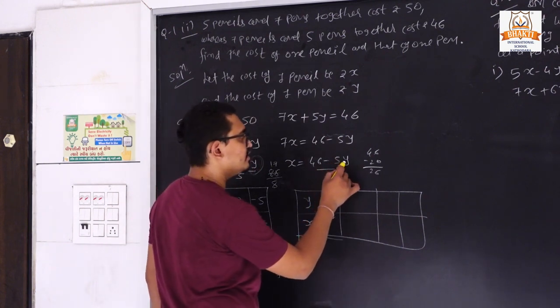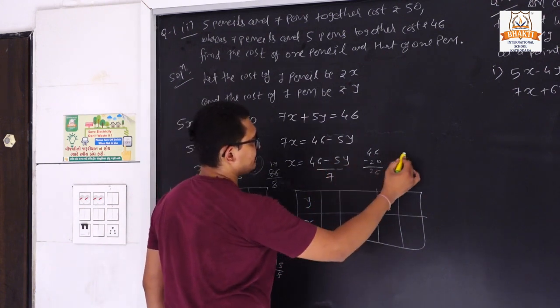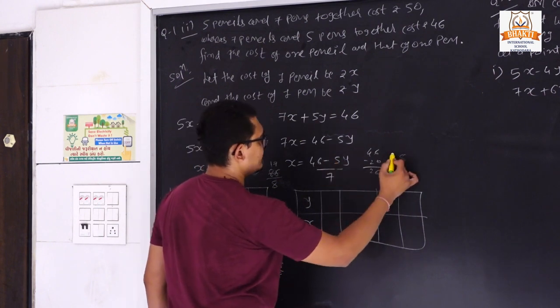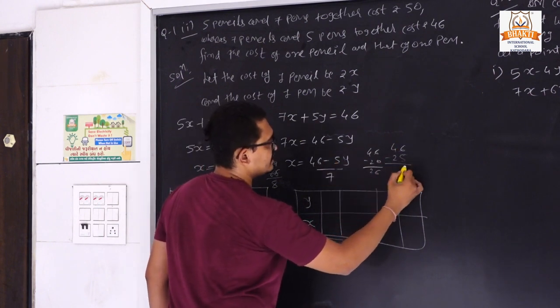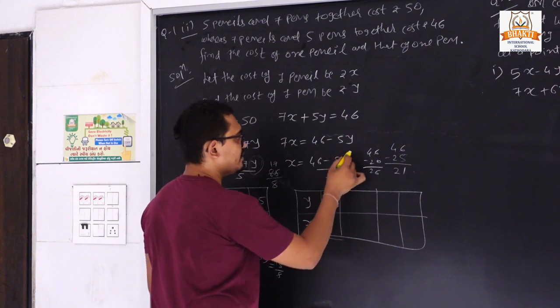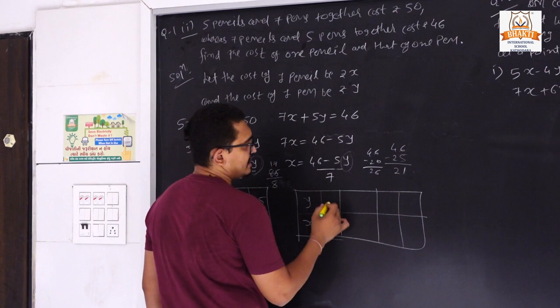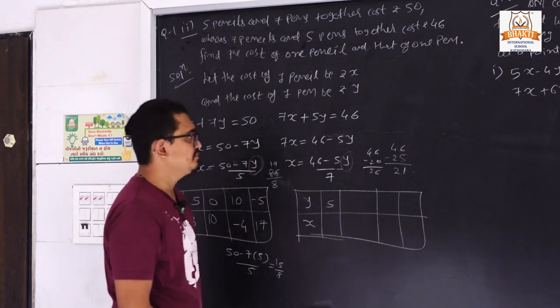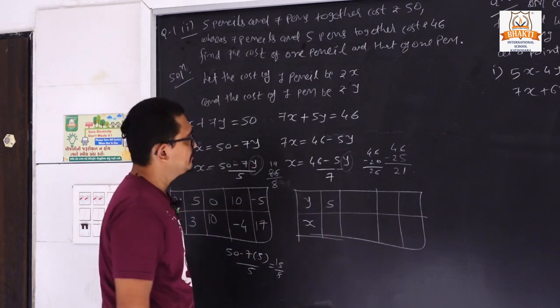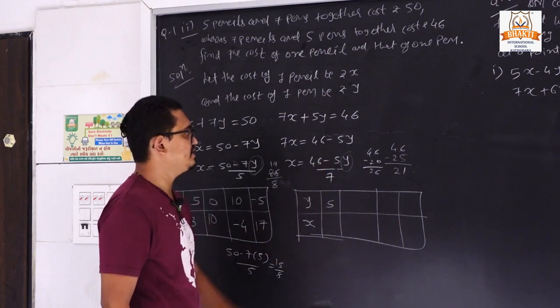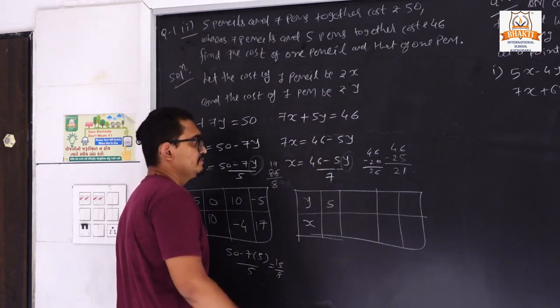So 5 5s are 25, 46 minus 25 is 21, so here we will put 5. Clear? y is equal to 5, because 25, 46 minus 25, so it is 21.